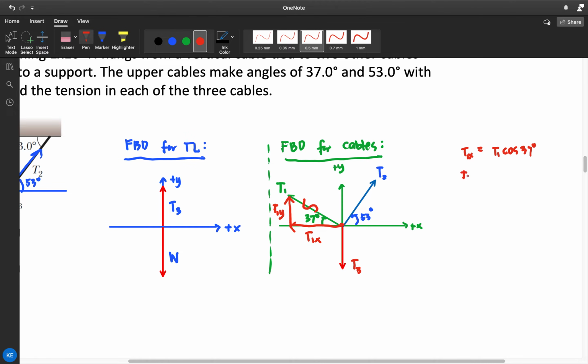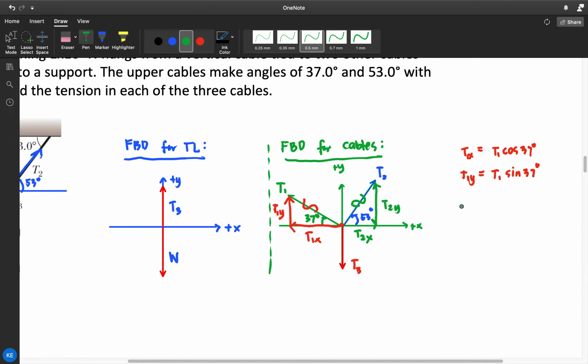Next, your T1y is on the opposite side of angle 37. So you'll have T1 sine 37. Next is your T2. Again, these are its components: T2x and T2y.